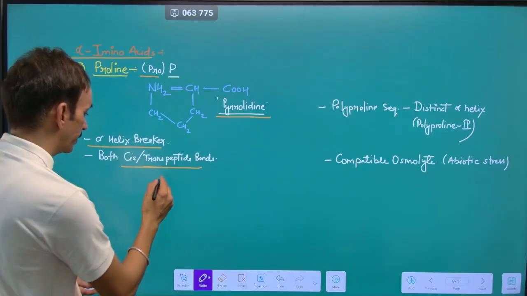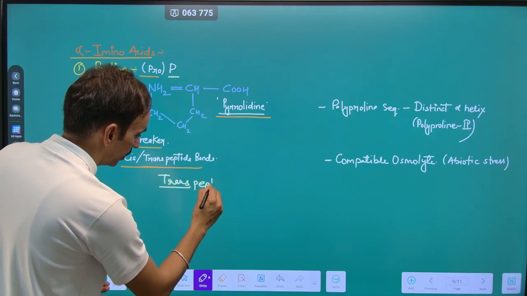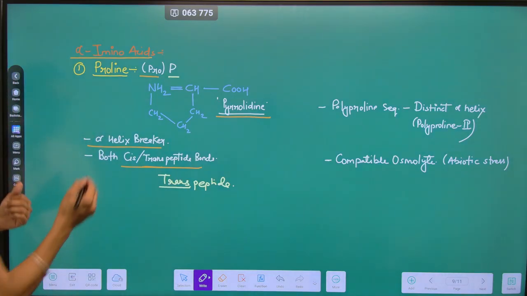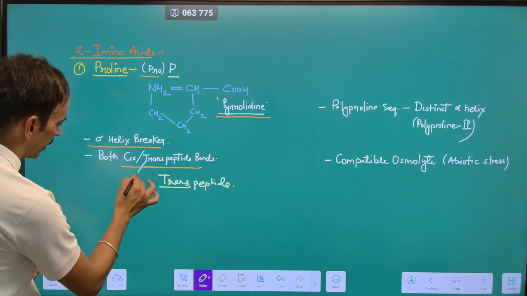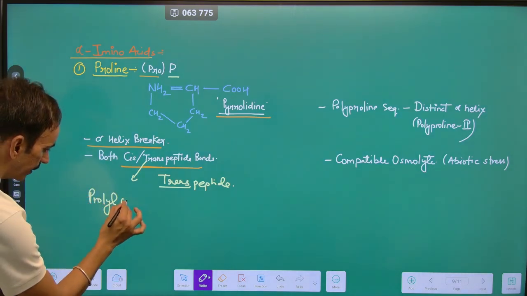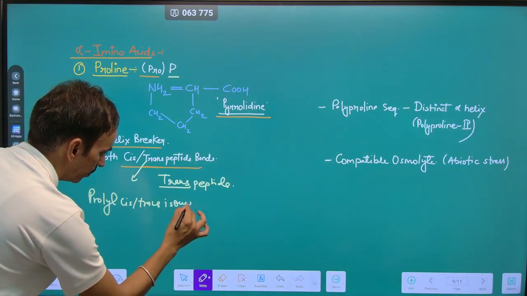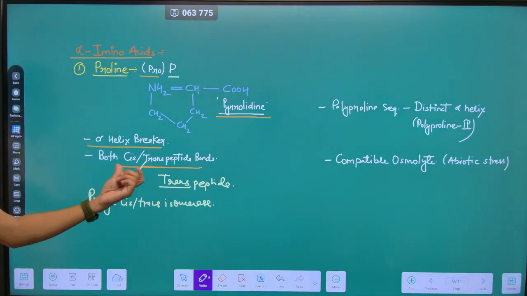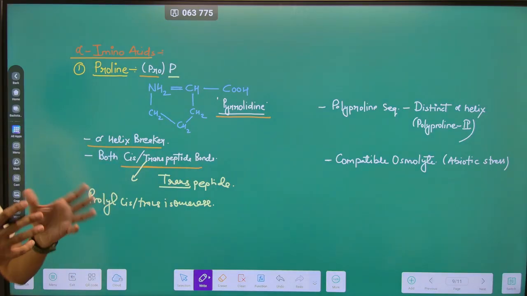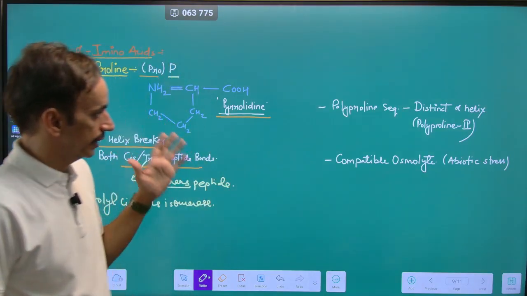Remaining amino acids all form trans peptide bonds, while proline forms both cis and trans peptide bonds. Generally proline also forms the trans peptide bond, but there is an enzyme called prolyl cis-trans isomerase, which converts the trans peptide bond into the cis peptide bond. So it is again an exception having both cis and trans peptide bonds, and it is known as an alpha helix breaker.